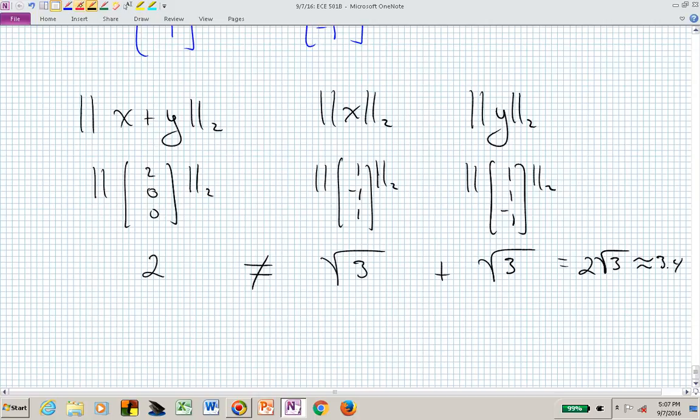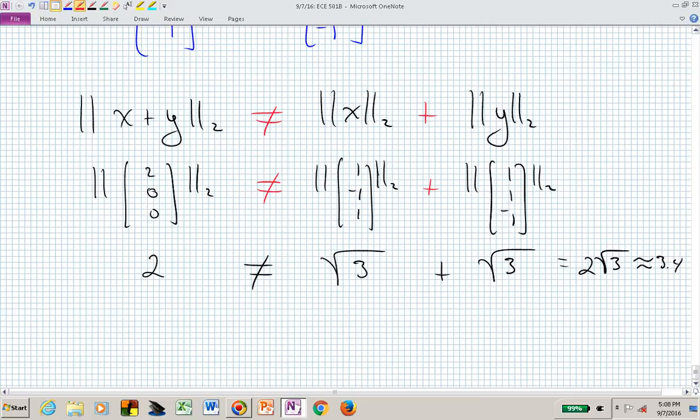So 2 is not equal to 3.4, so additivity is not satisfied for this norm mapping.